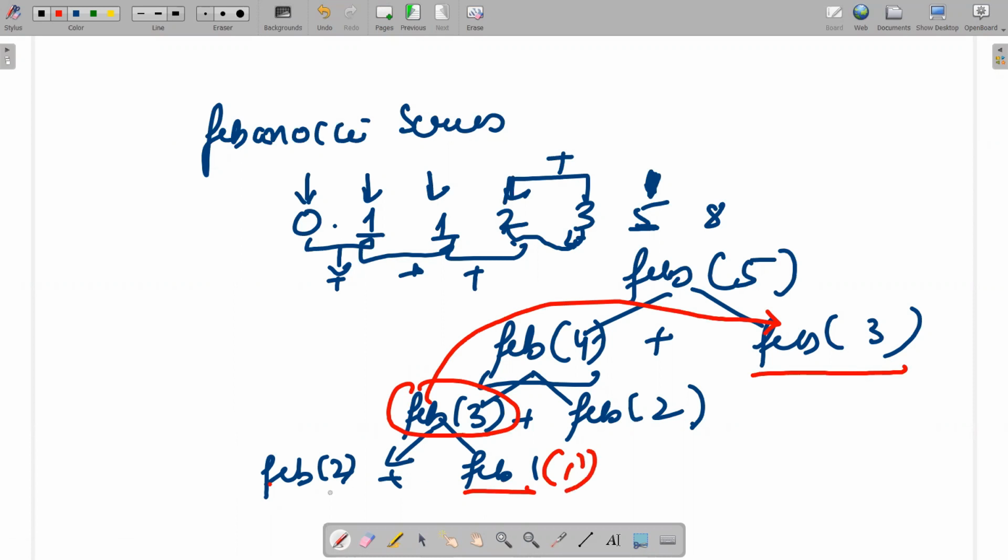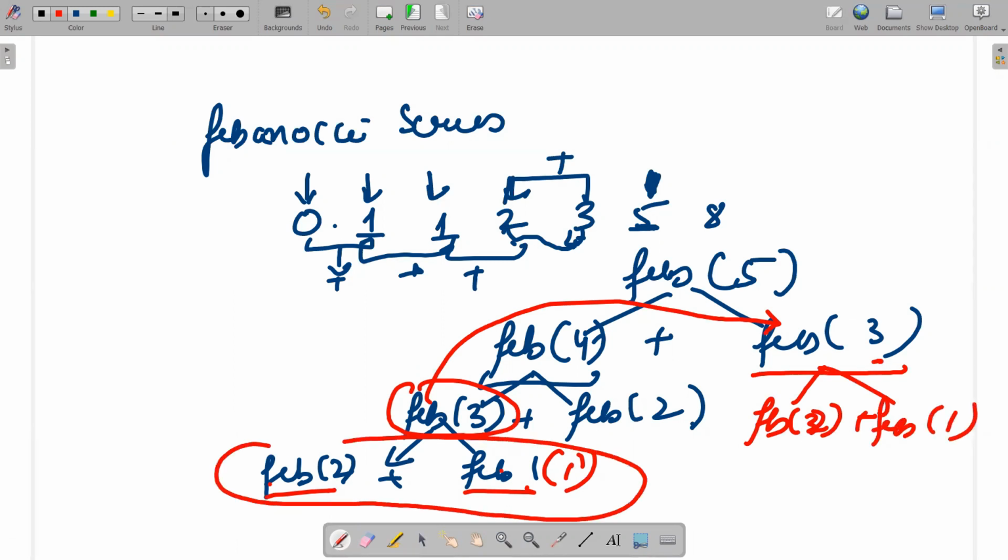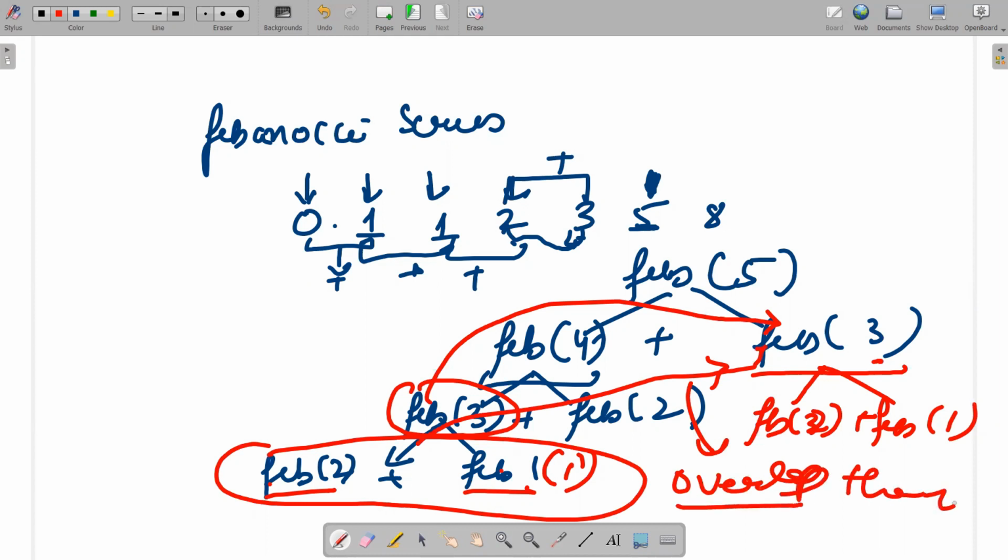If they merge together, we get this answer as Fibonacci of 3. Why do I have to calculate this? We all know the formula of Fibonacci 3 would be Fibonacci of 2 plus Fibonacci of 1, which we have already calculated. And why are we calculating it again? We are rather going to overlap them. Are you getting my point or not?